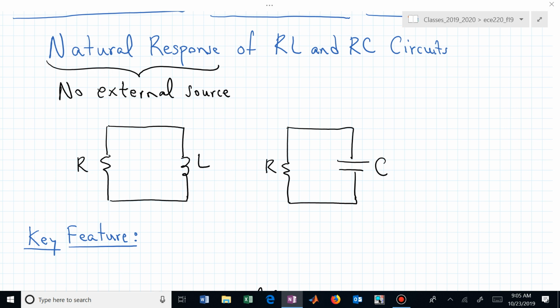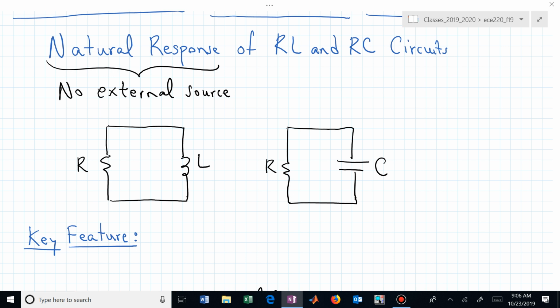If you see one, there's probably a switch present, and that switch will be open or closed to establish the initial current or voltage on the inductor or capacitor respectively, and then it will move to its new location once it's established the initial conditions, and you'll simply be faced with a circuit that looks like what's on the left, an RL circuit, or what's on the right, an RC circuit.